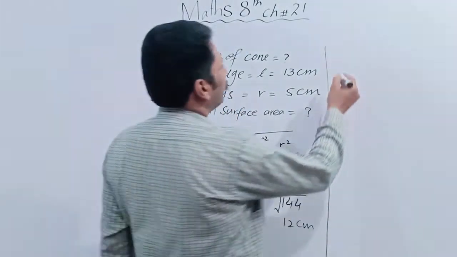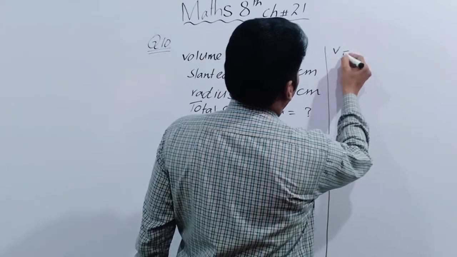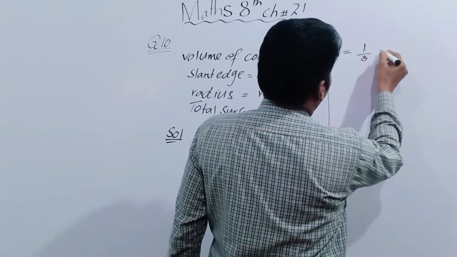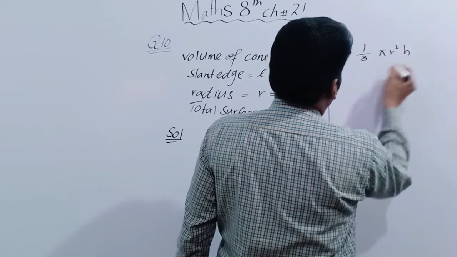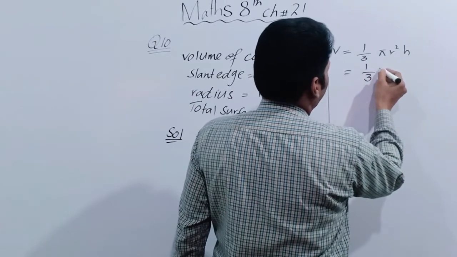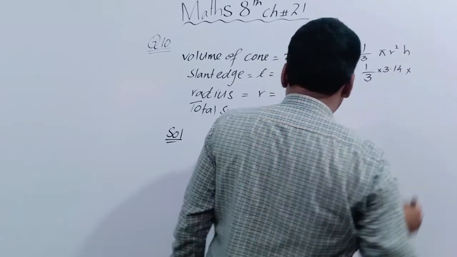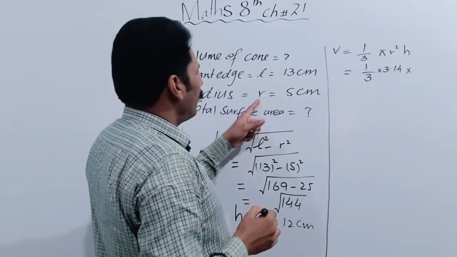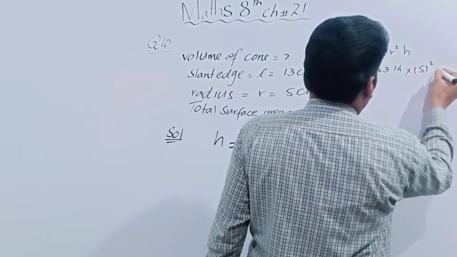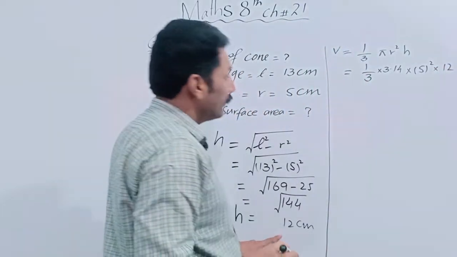Okay, volume of cone V is equal to 1 over 3 pi r square h. The value of pi here we will take 3.14, and r square, the value of radius is 5, so square of 5, and h, that is 12.